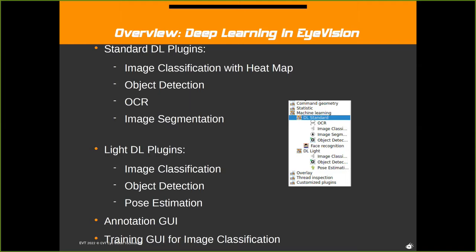So we use a quantized, optimized variant of this in the form of light deep learning models. We also have a tool to annotate images for image classification or object detection or segmentation, and also a training graphical user interface for training an image classification model.